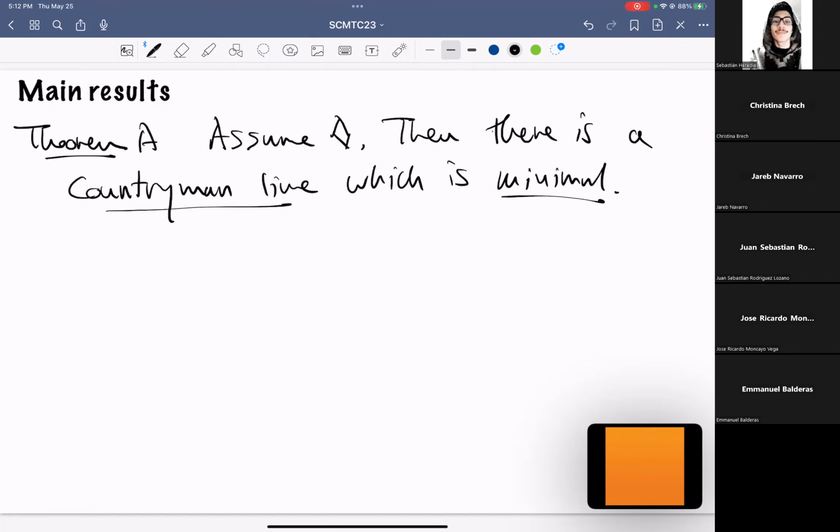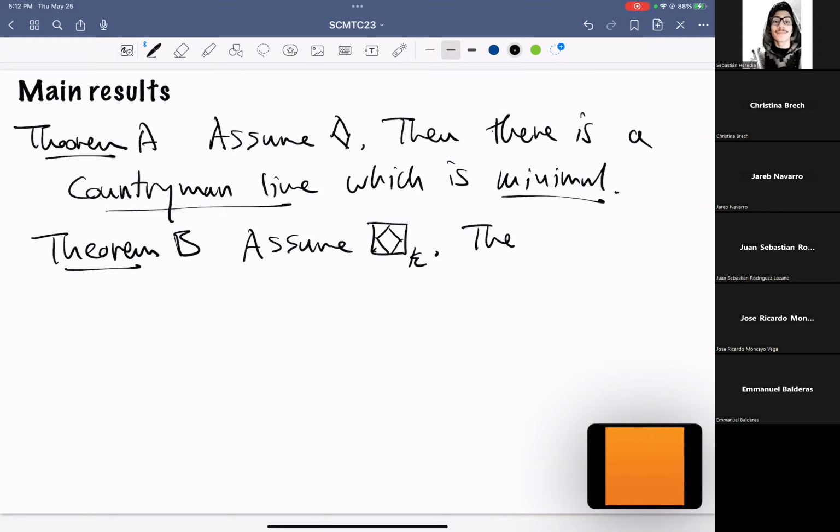The second theorem, Theorem B, is: assume square with built-in diamond at a cardinal kappa.